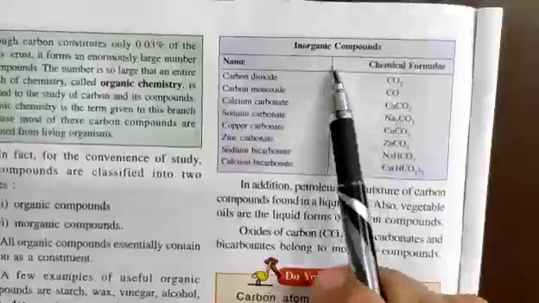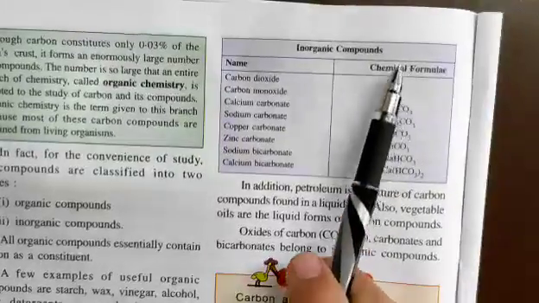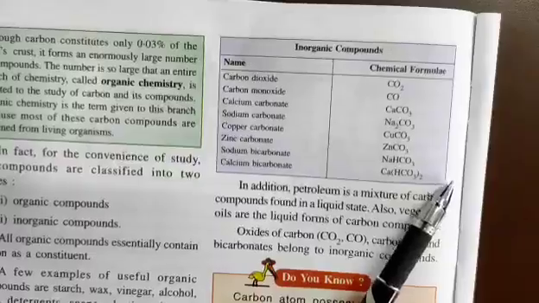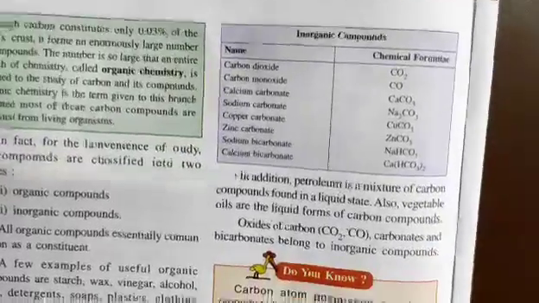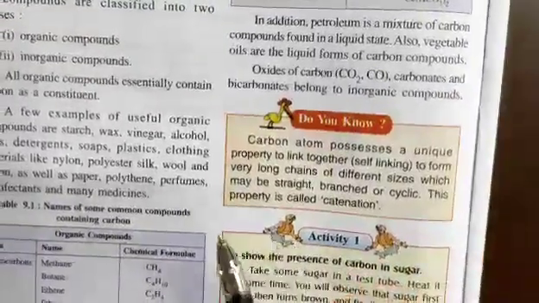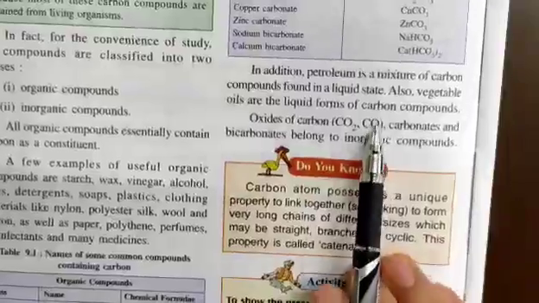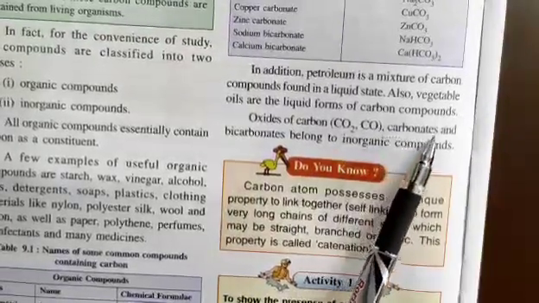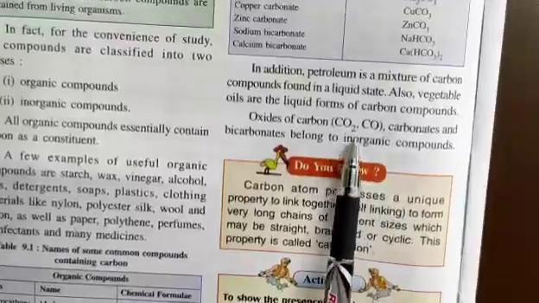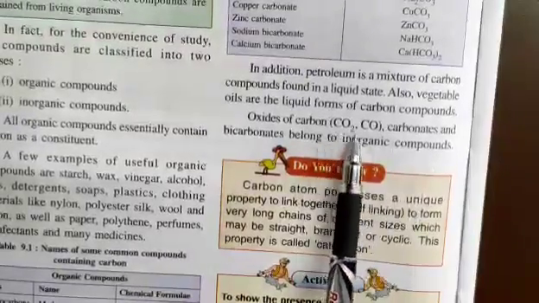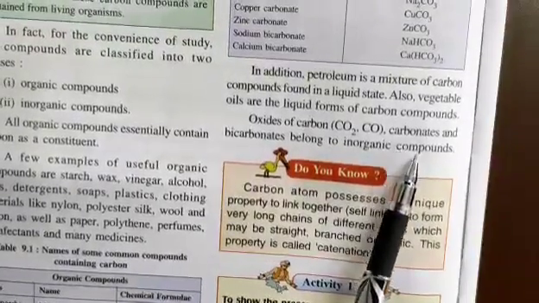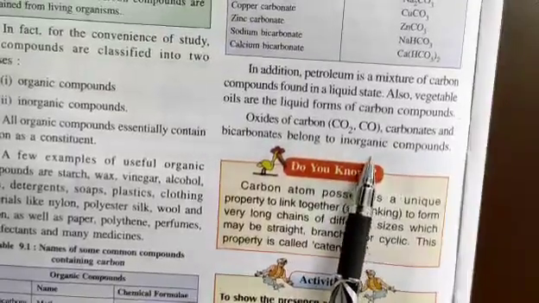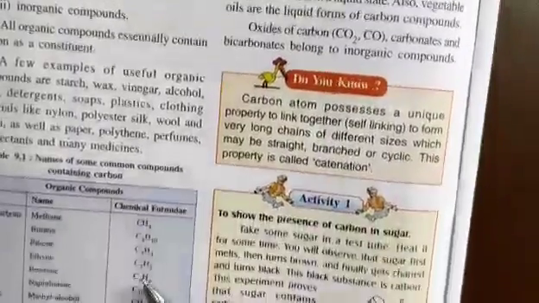Petroleum is a mixture of carbon compounds found in the liquid state. Also vegetable oils are liquid forms of carbon compounds. Now the oxides of carbon, carbon dioxide, carbon monoxide, carbonates and bicarbonates, belong to inorganic compounds.